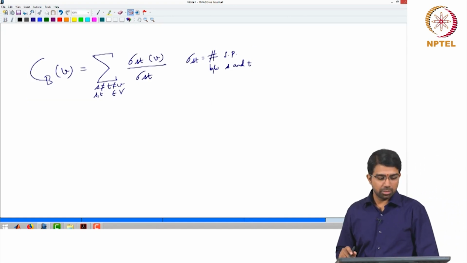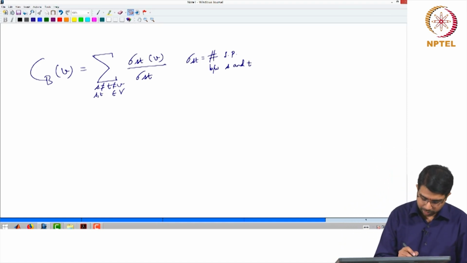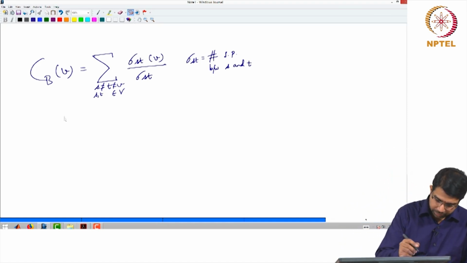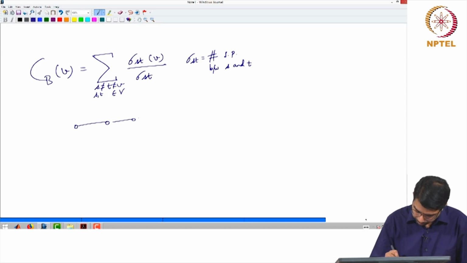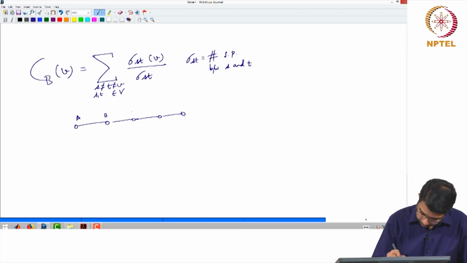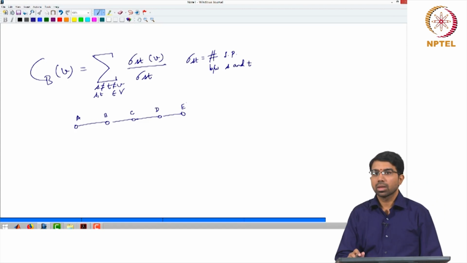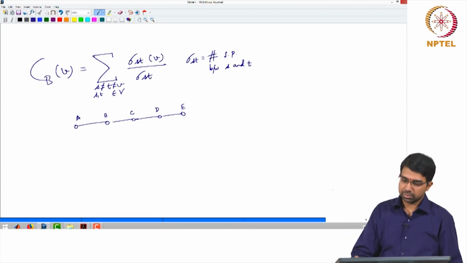So, this is betweenness centrality. Let us just look at a small example. Here, what is the betweenness centrality of C?